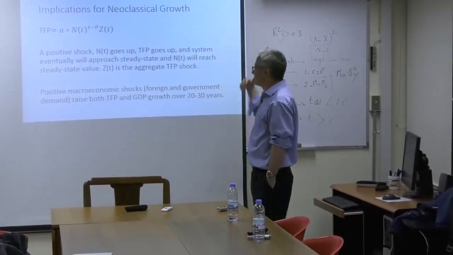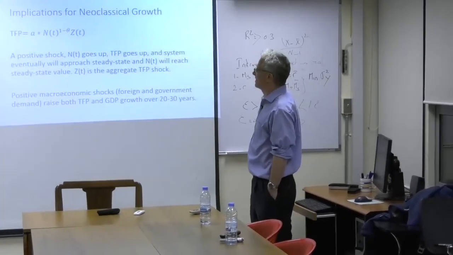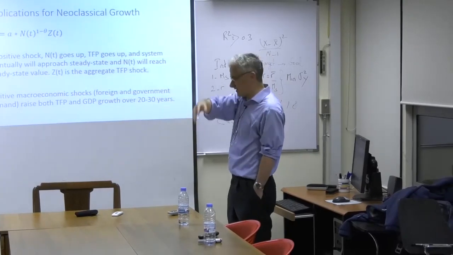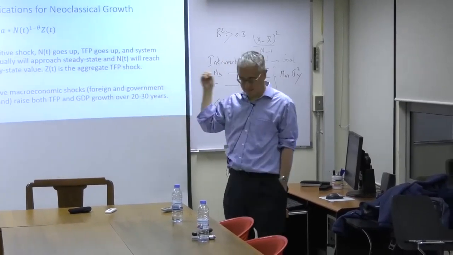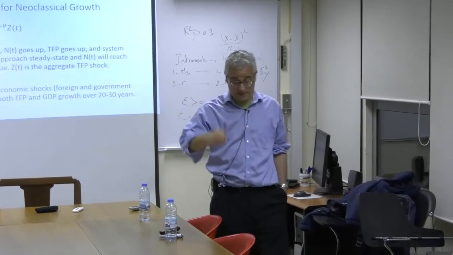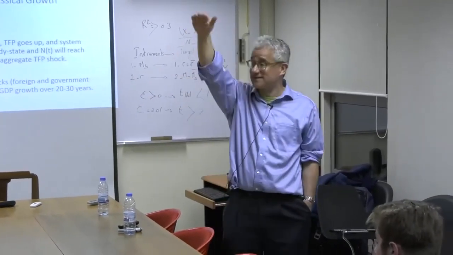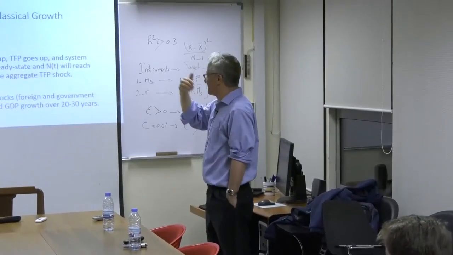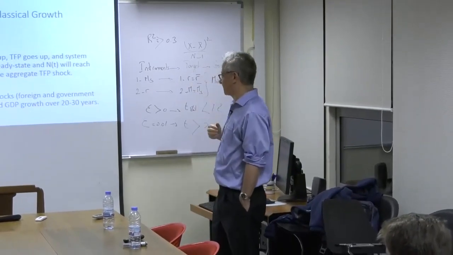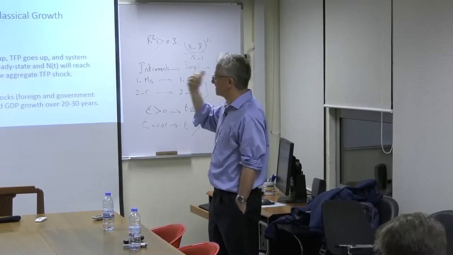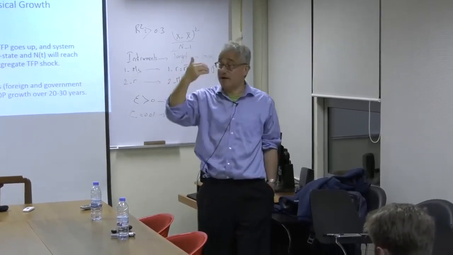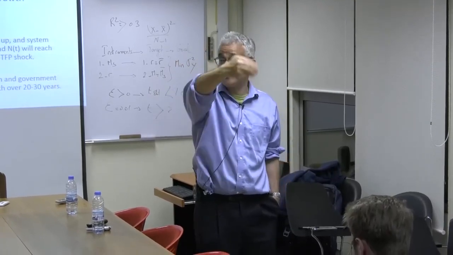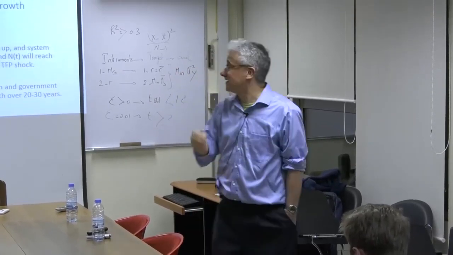This is what Simmer was talking about. When there's a positive business cycle shock, the stock of products goes up, and that raises the aggregate TFP level. The effect on TFP goes on for a long time as the number of products increases.